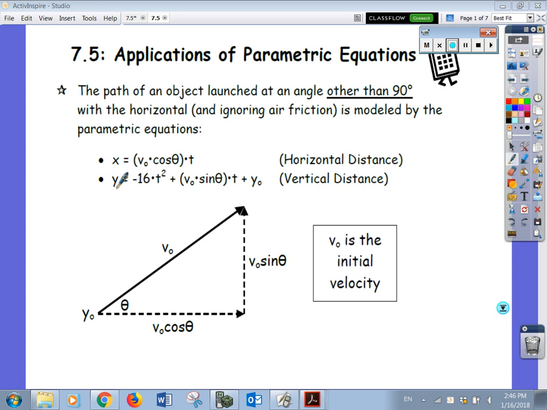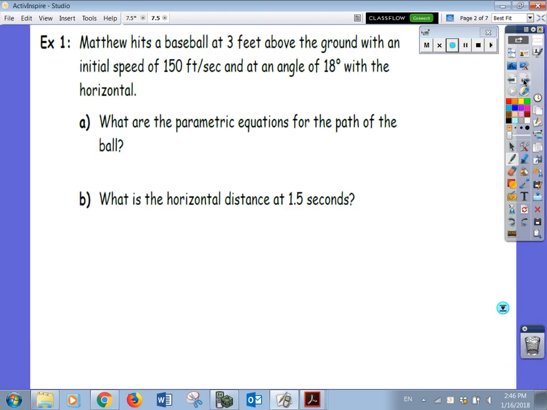Alright, so this first example tells you he hits a baseball 3 feet above the ground, the initial speed, which is going to be the initial velocity, and it gives you the angle. So write the parametric equations. Looking at those parametric equations right now, we just fill in what we know. X is going to equal the initial velocity, so 150 cosine of 18 degrees, and then t.